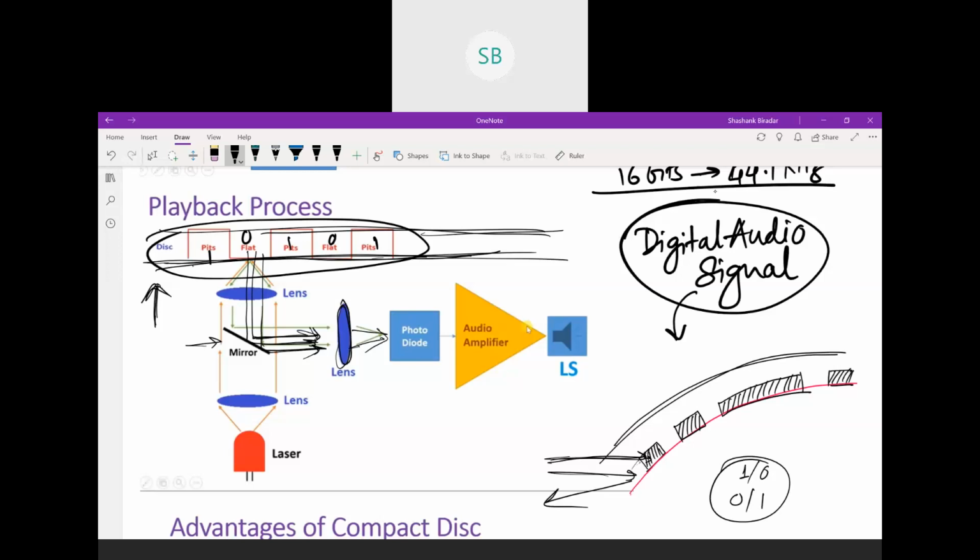Hope you have got the idea. Let us consider that from the pit we get the reflections back. From the flat, we do not get the reflections, so easily you can code that in zeros and ones. Whether laser light is present, you can give it as 1. If laser light is absent, you can give it as 0.